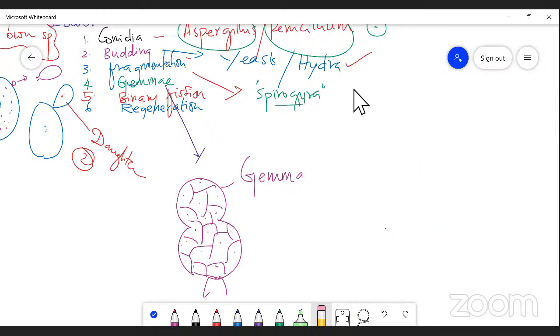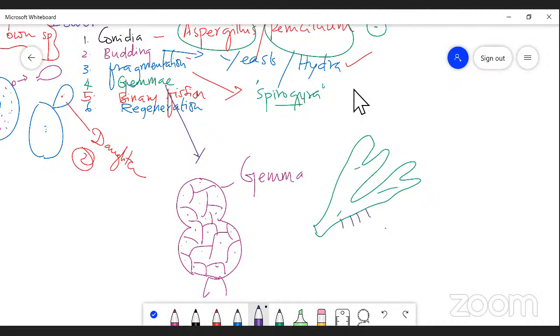Let me draw the structure of gemma. Now this is a Marchantia plant, right? In this Marchantia you can see there is a thallus-like structure, and on the lower side you can see a number of hair-like structures that are called rhizoids.